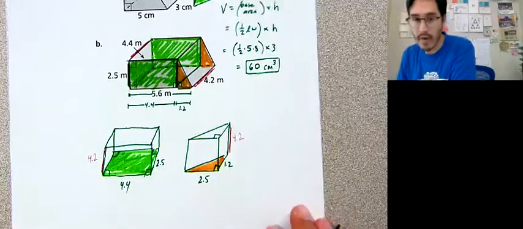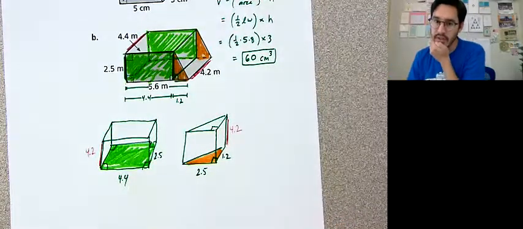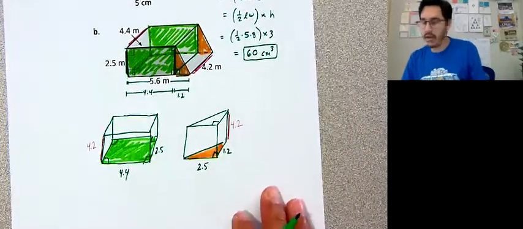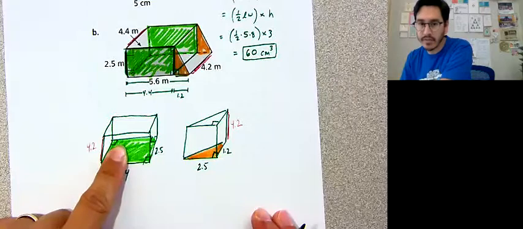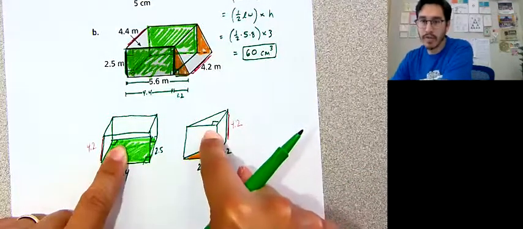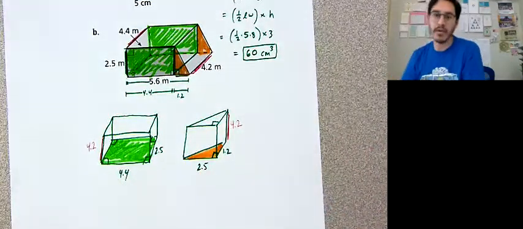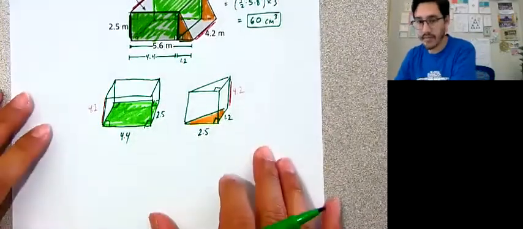So we can write 1.2 as the other dimension for the triangle. Okay. All right, so we're going to find the volume of the rectangular prism, the volume of the triangular prism, and because they're fused together, then we can just add the two volumes together.